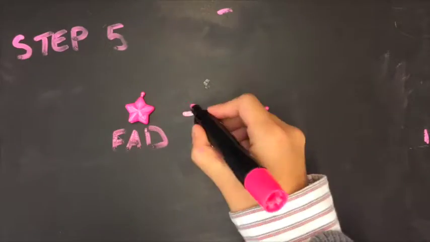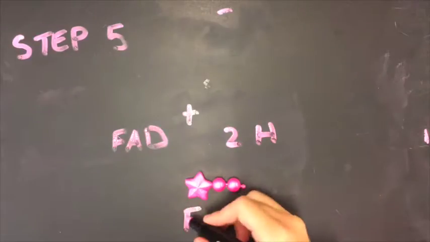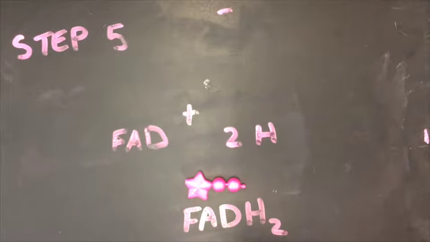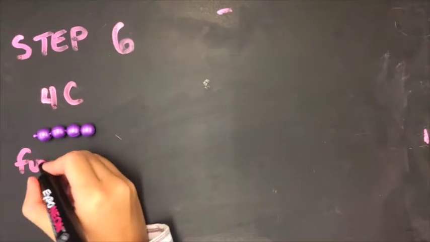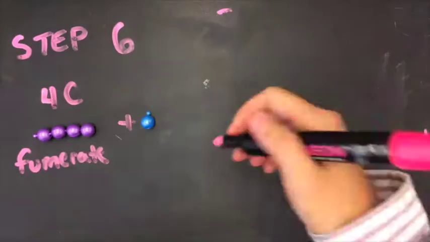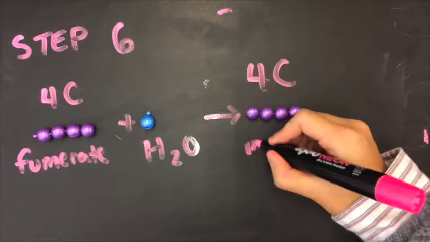These 2 hydrogen atoms don't just disappear, they're used to reduce FAD, a cofactor, into FADH2. Next, the fumarate molecule reacts with water to form a 4-carbon molecule called malate.